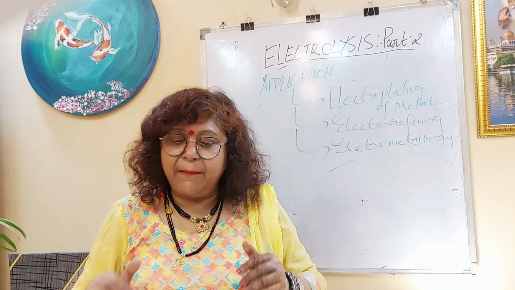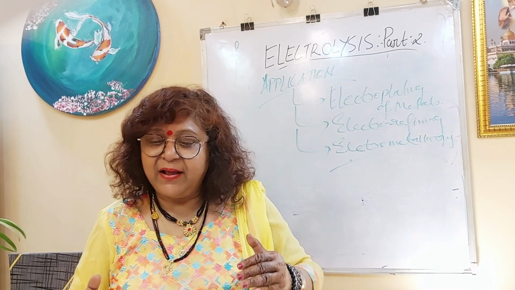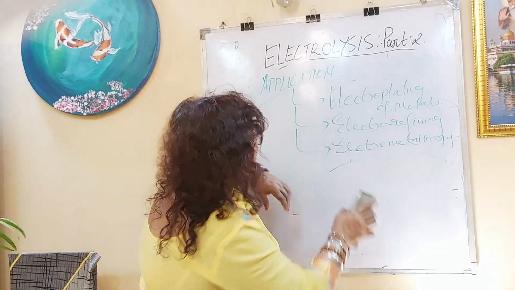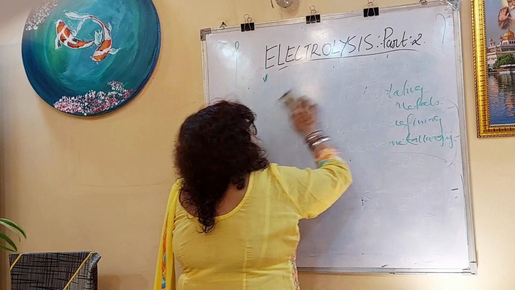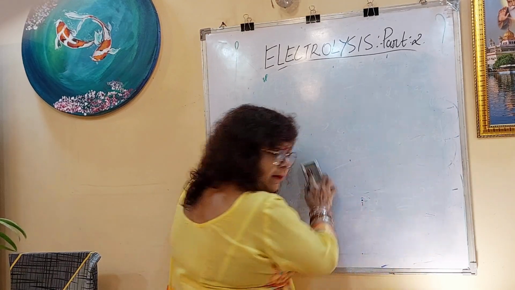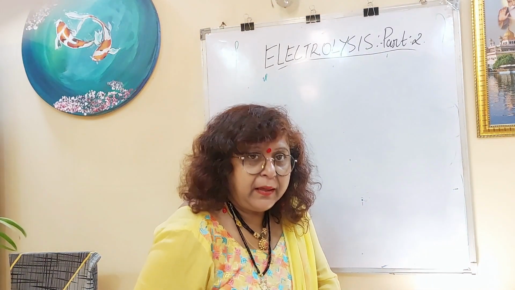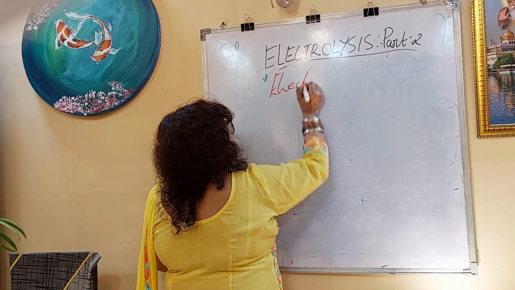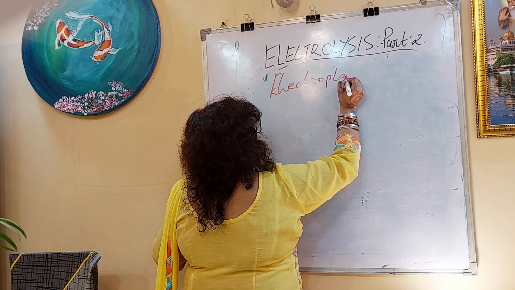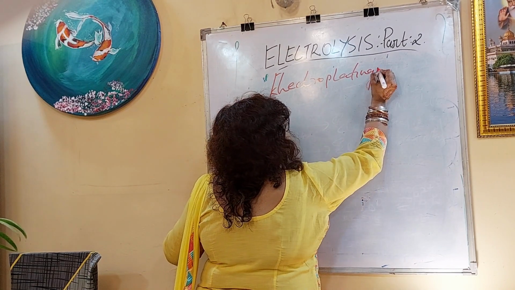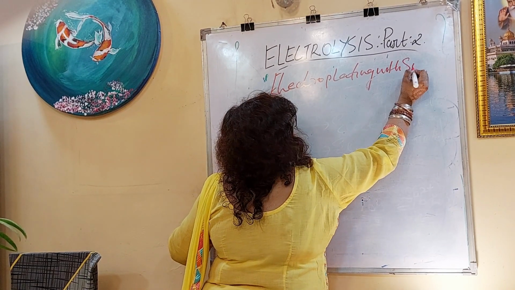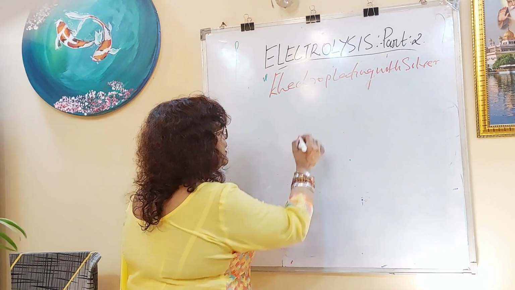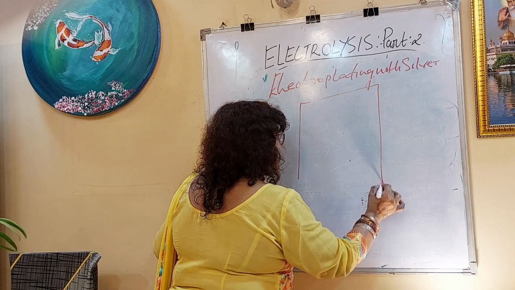Okay, now we come to electroplating with silver. The diagram will be another simple diagram. Application, electroplating with silver. Now here what diagram will you draw? Again you will keep one box diagram, green box.